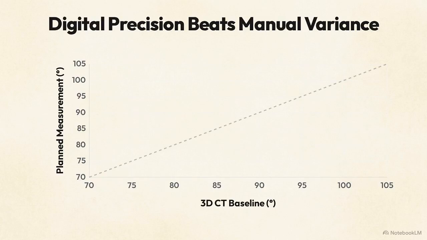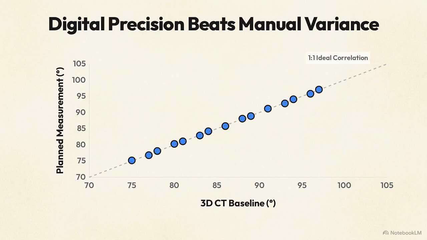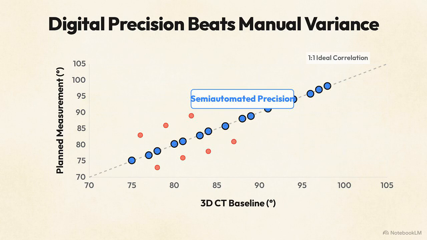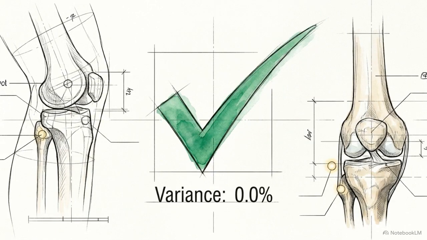This scatter plot compares manual variance versus semi-automated variance. The semi-automated digital planning, utilizing defined landmarks, achieves near-perfect correlation coefficients compared to the 3D CT baselines, while manual plotting shows wide scattering.